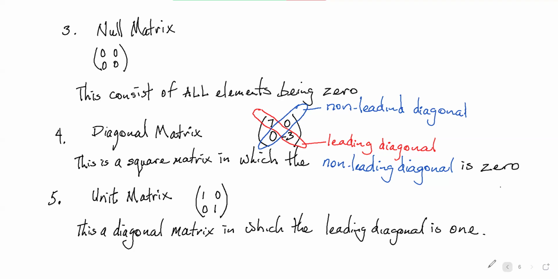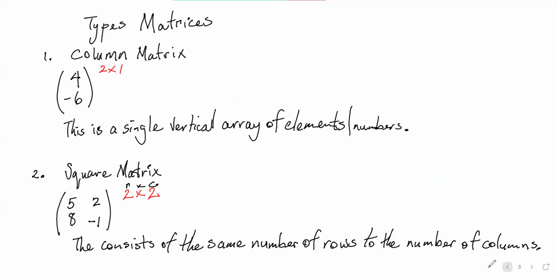So let's go back to it for those people who came in late. We're looking at the types of matrices. So we looked at this column matrix, right? The vertical array of elements or numbers.